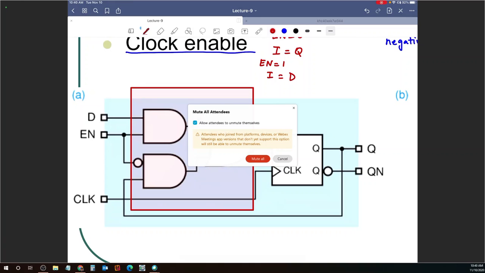So here, let me write an equation at this point. At this point, what is it going to be? D and enable. And over here, the logic equation will be Q and enable complement.